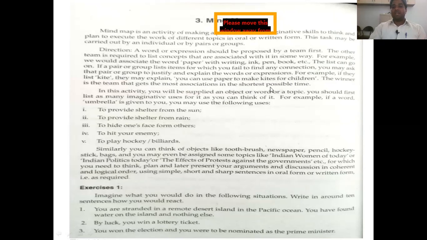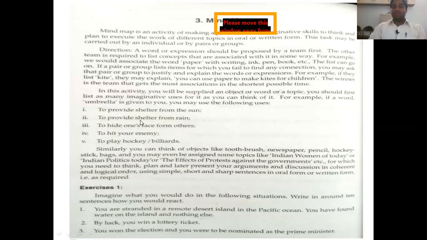So these are some of the activities that are followed as imaginative uses that you can think of. For example, if the word umbrella is given, you may give the following uses. First, an umbrella is used to provide shelter from the sun, to provide shelter from rain, to hide one's face from others, to hit your enemy, to play hockey or billiards.